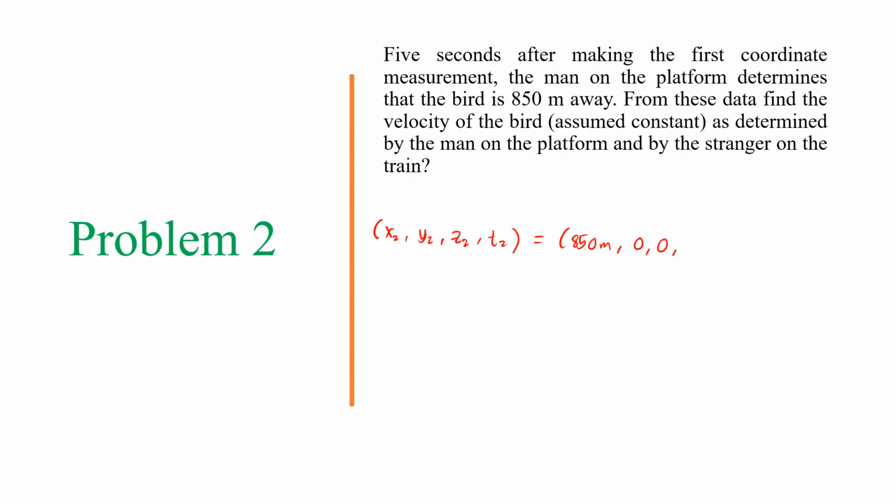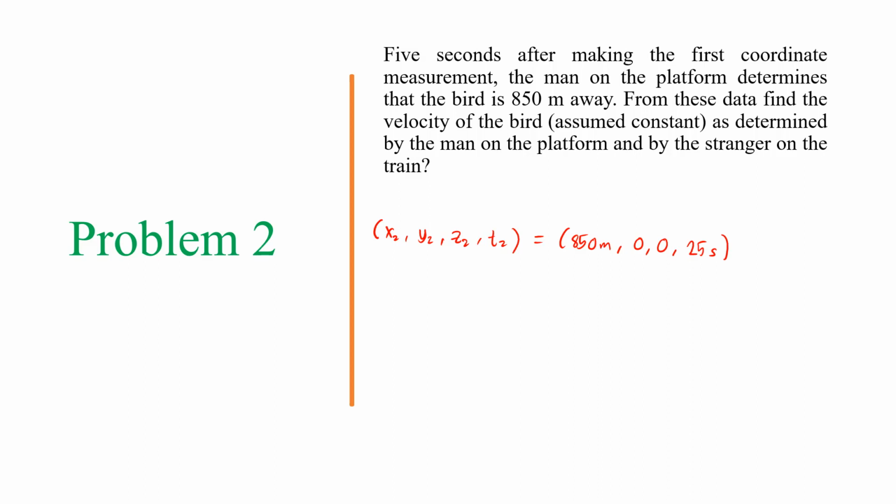And for your t2, this is equal to 20 seconds plus 5 seconds. So we have 25 seconds. Okay, so this is the coordinates of the bird as assigned by the man on the platform 5 seconds after making the first coordinate measurement.